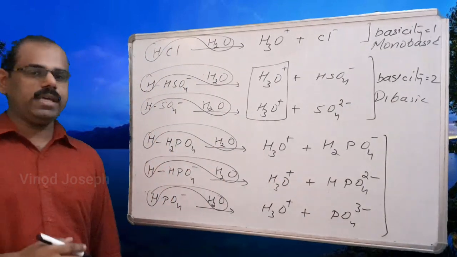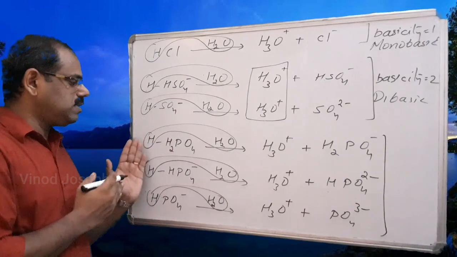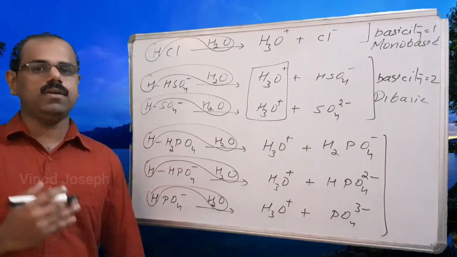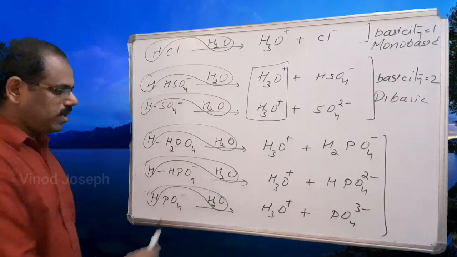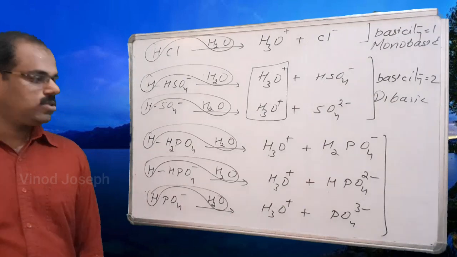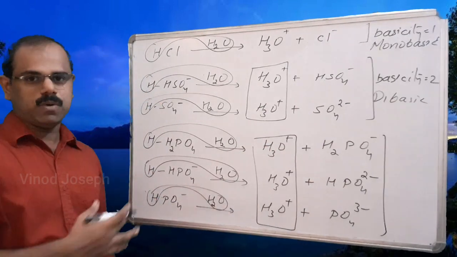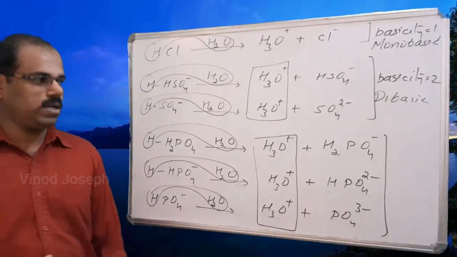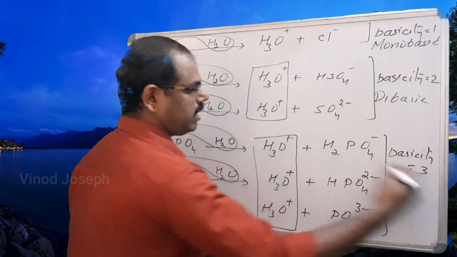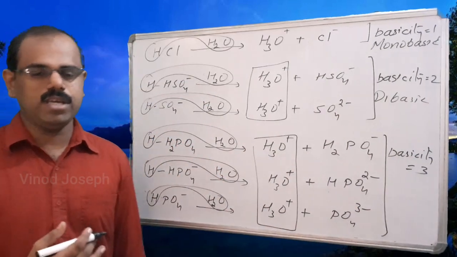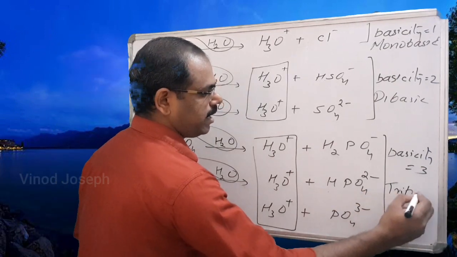And in the case of phosphoric acid, H3PO4, I have written it as H-H2PO4. It will produce the first hydronium, second hydronium and the third hydronium. So in total we have 3 hydronium ions produced by phosphoric acid H3PO4. So basicity is equal to 3, and we say it is a tribasic acid.